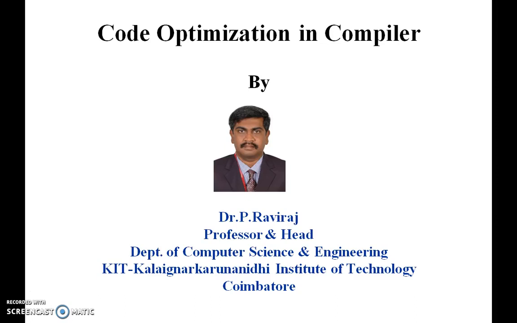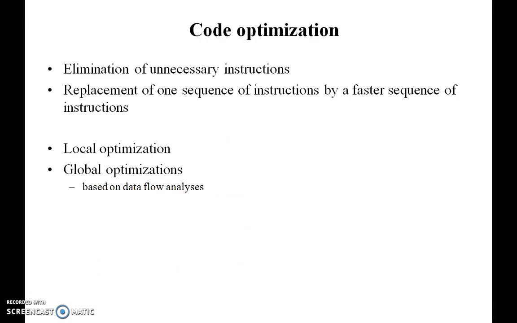I am very happy to deliver the lecture about code optimization in compiler. What is code optimization inside the compiler? Actually, code optimization is one of the phases of compiler, which is present as the fifth phase of the compiler.